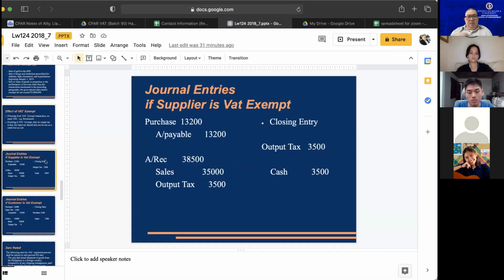Okay. So, the journal entry, if the seller is VAT exempt, is ganyan, 13,200, yung kaninang, tapos accounts payable na siya. Wala na siyang input VAT, output VAT.